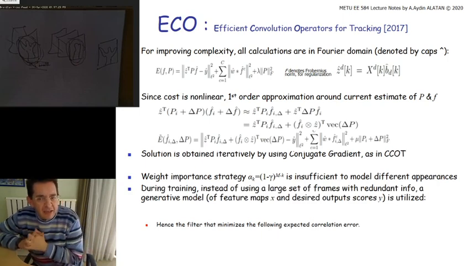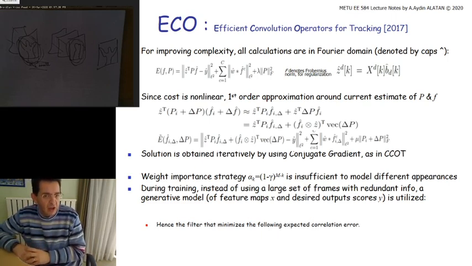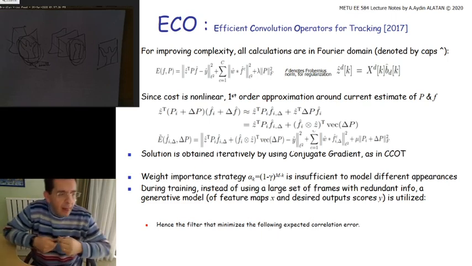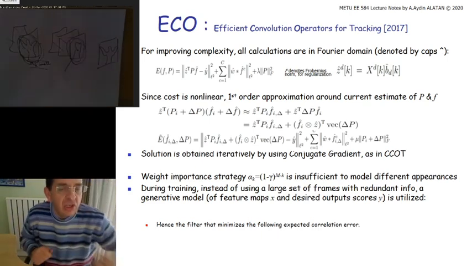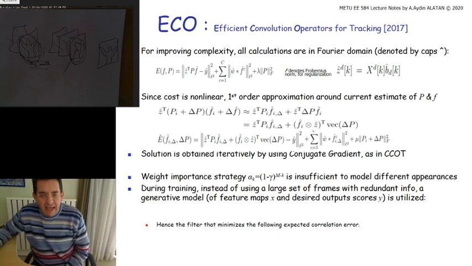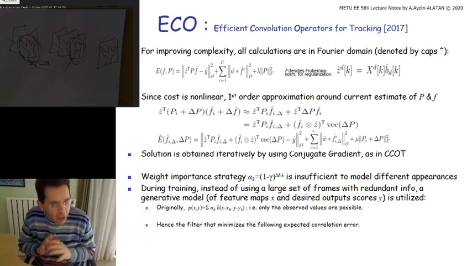Now that's a little trick they are using. Instead of using a large set of frames with redundant information, a probabilistic generative model is utilized. Whose generative model? The generative model of this one and the corresponding positions, X and Y. Until now, we were always using such an approach here.